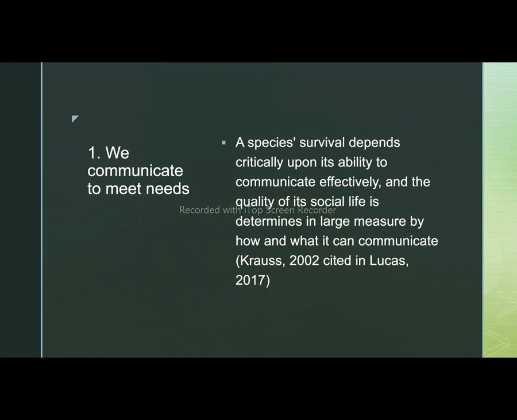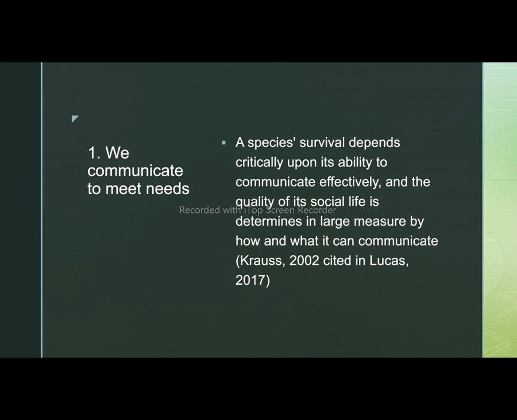A species' survival depends critically upon its ability to communicate effectively. So it says species. The word is species. So we are inferring that it is not only a matter of looking at humans. Other animal species also communicate to their own kind because of something.